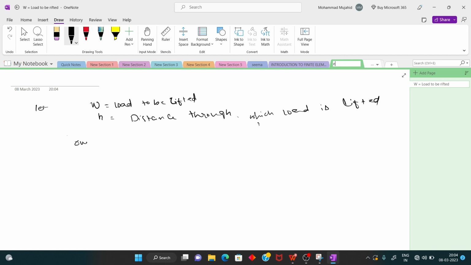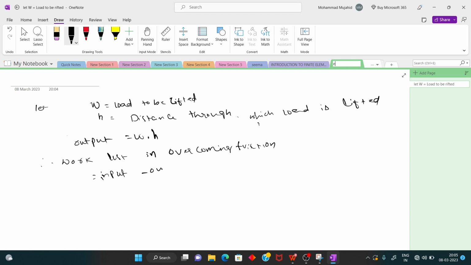Then the output will be W into H. The work lost in overcoming friction will be equal to input minus output.